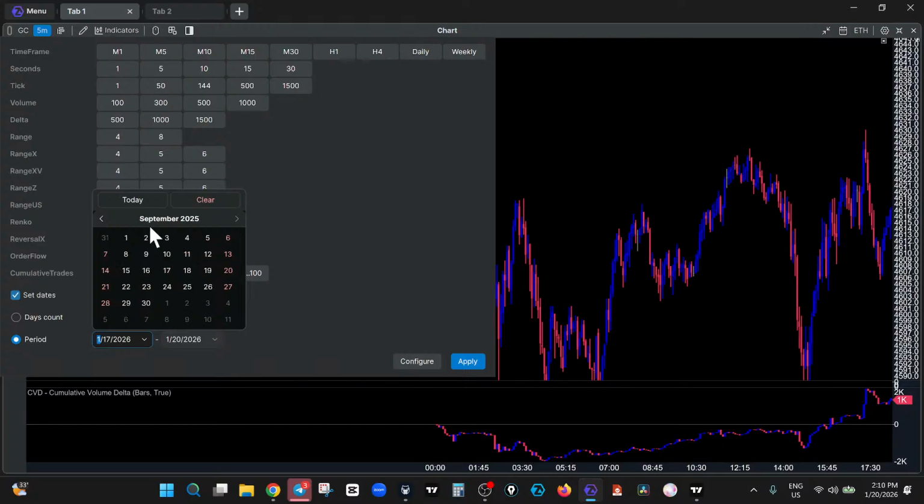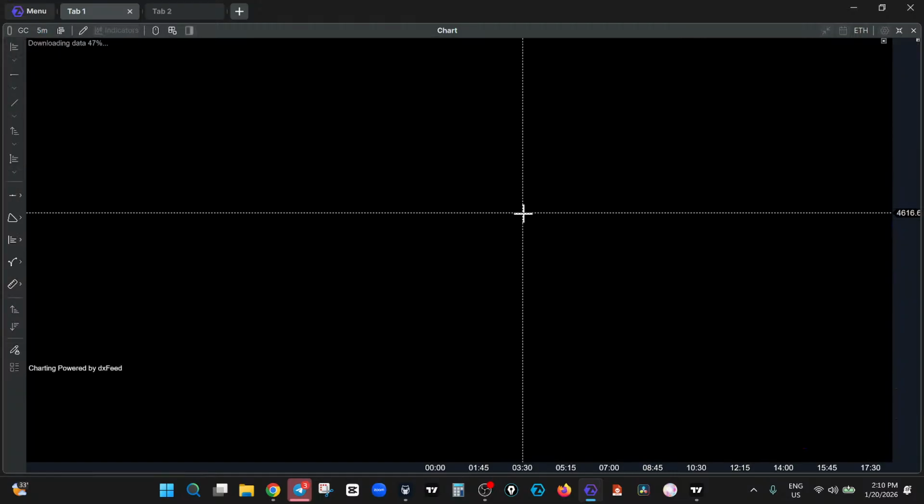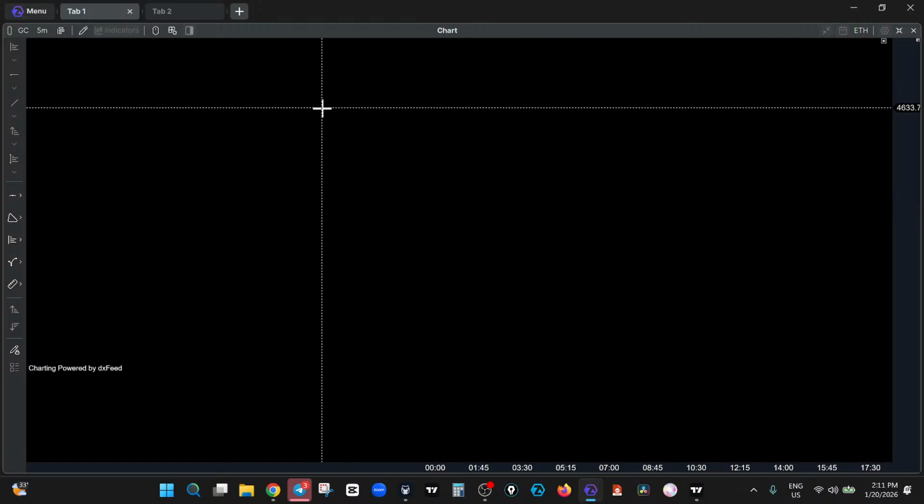Let me see. October, September. Yes. So it's going to take time to load. That's one of the, will you call it setback? On TradingView, you just scroll down, you see it. So this has to load historical data.